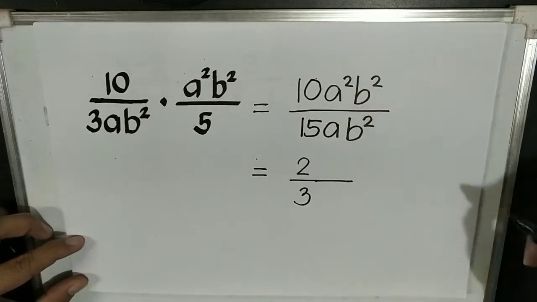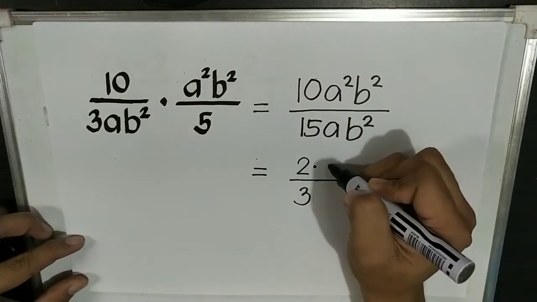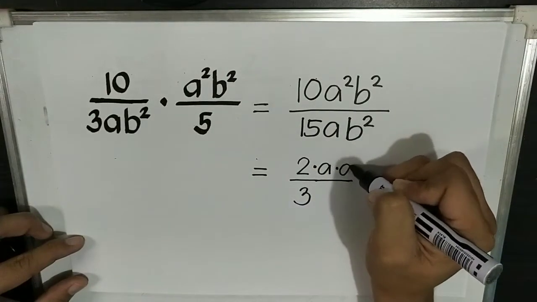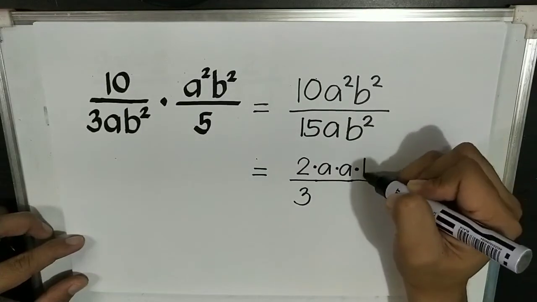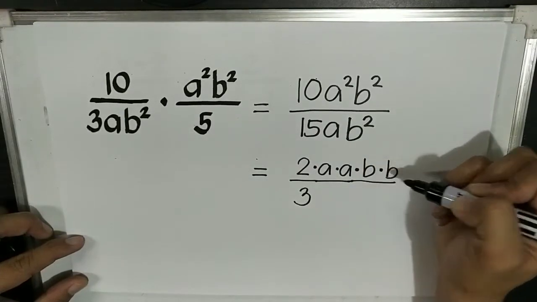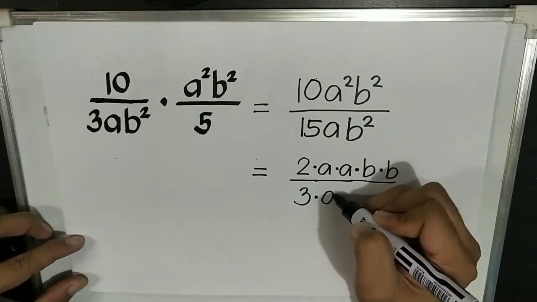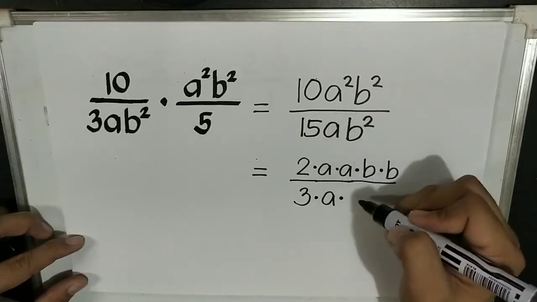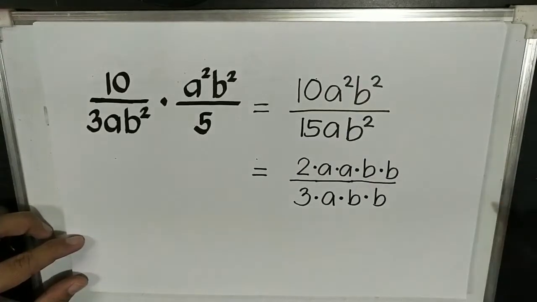Now in our variables, we have a times a squared, times b times b squared. 3 times a raised to 1, b times b. Let's cross out the common factors.